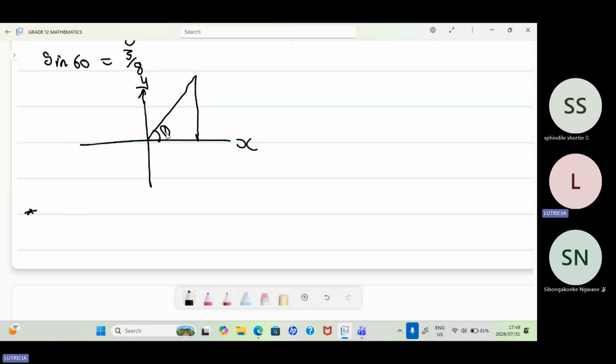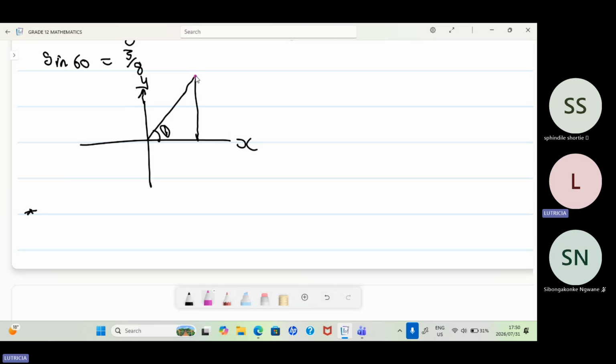Okay, so here is our triangle in the first quadrant, and then we also have our angle. The value of our angle is theta. So when you look at the y value, let's say we have a point right here at the top. I'm not sure if you're able to see that. Let's say that's our point.